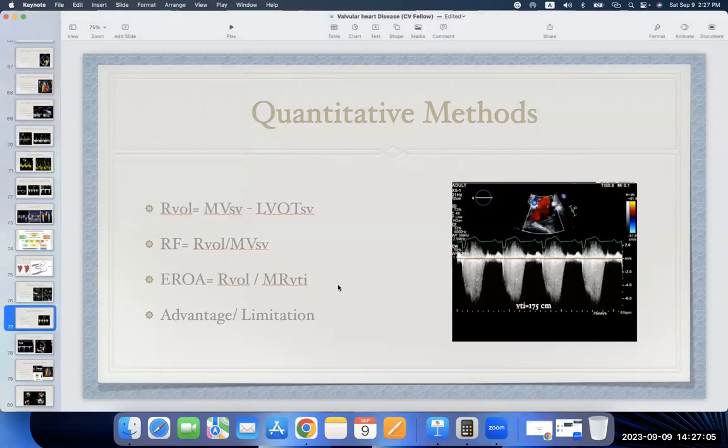So the advantage of using the Doppler, because now there is another way, I will show you how to use PISA to calculate the regurgitant volume and effective regurgitation orifice.